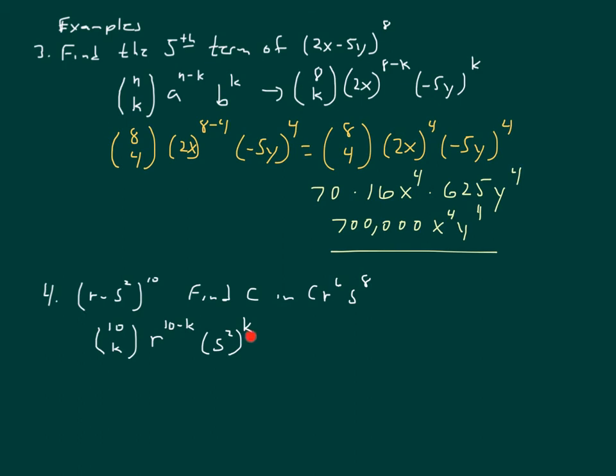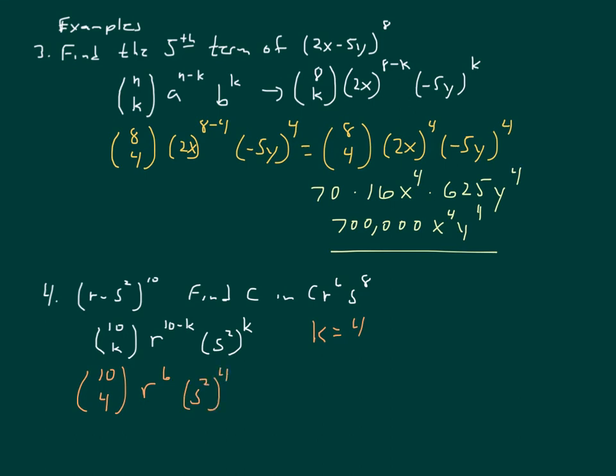And if I put 4 in for k, power to a power, we multiply, so that will give me s to the 8th power. So for this particular problem, k is going to equal 4. So what I'm going to have is 10 choose 4 times r to the 6th times s squared to the 4th power.